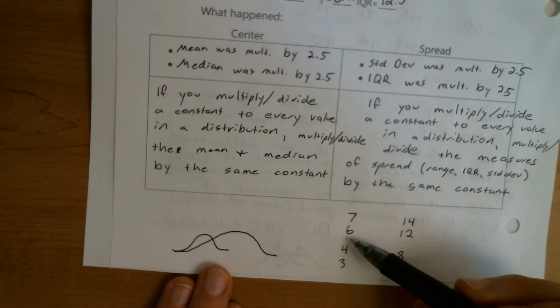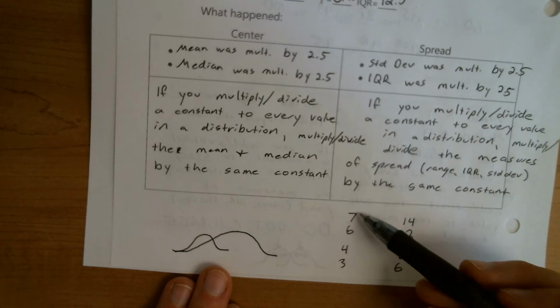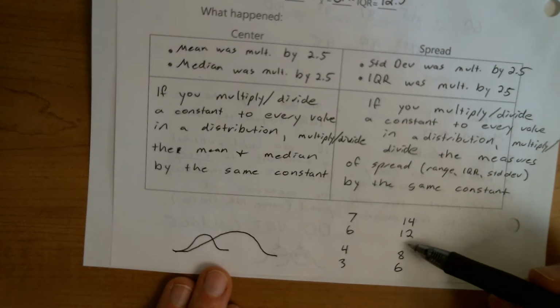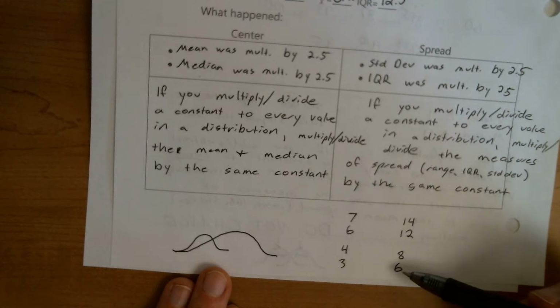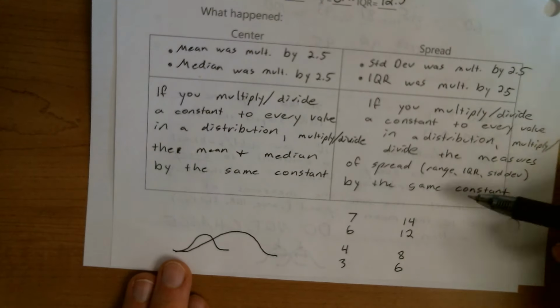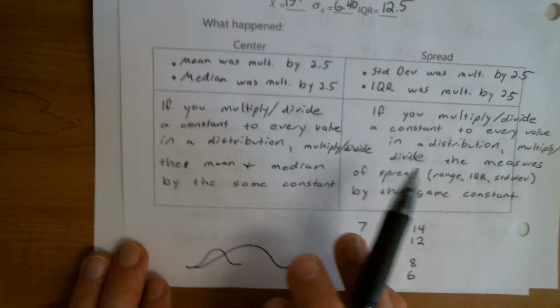Here we had things that were 1 and 2 away from the mean. Here, if the mean is 10, now we have things that are 2 and 4 away from the mean, so that's going to have to go up. When we double it, we're not only doubling the values, we're doubling the distance between the values, which is why it's more spread out, which is why these values also increase.